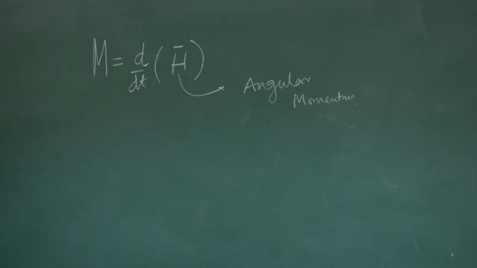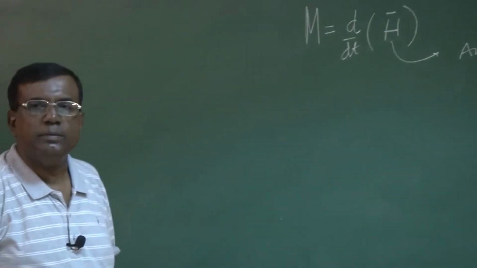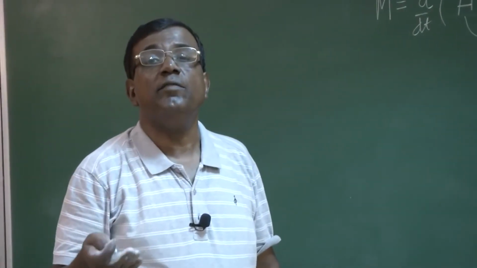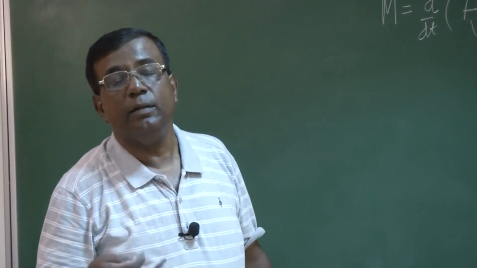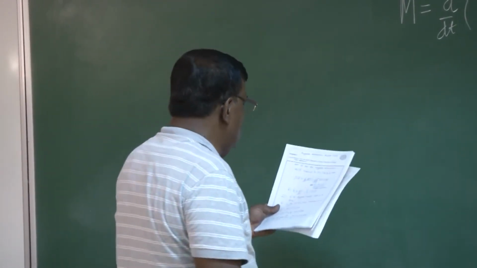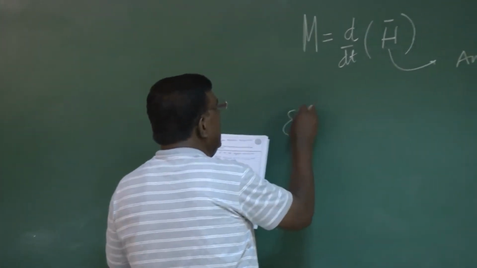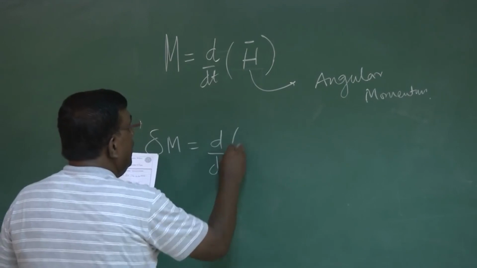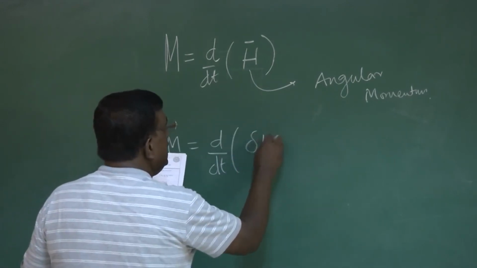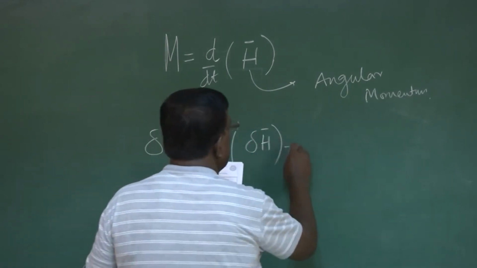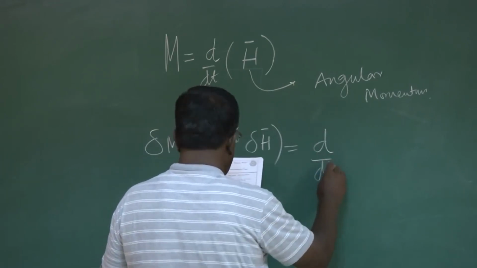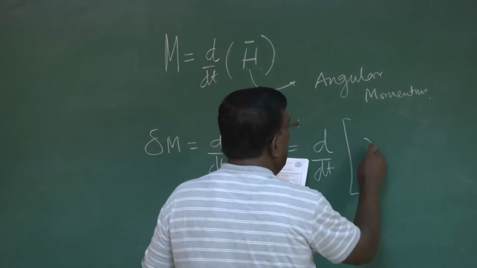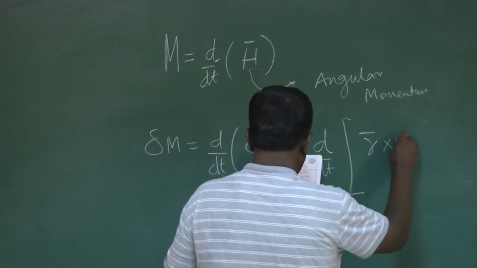Now, what is the understanding of angular momentum? We say angular momentum is the moment of the momentum, right? R cross mv. It's the moment of the momentum, so we'll use that definition. We'll write delta M as d by dt of delta H, which I can write as d by dt of r cross v dm.